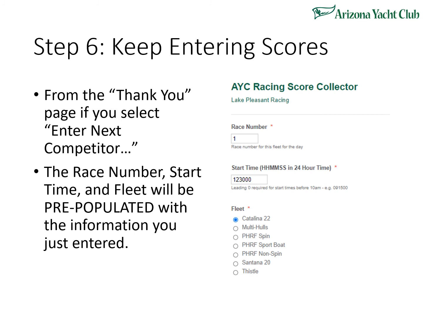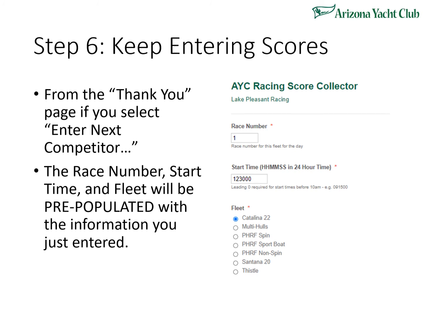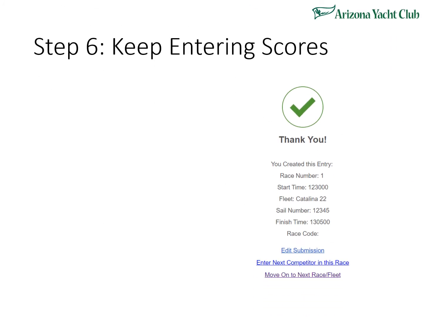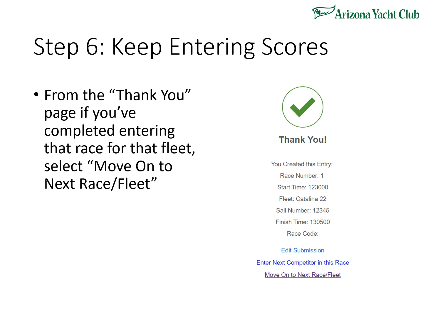Then all you have to enter is the sail number and the finish time, and any race code if required. If on the thank you page you've gotten to the last entry on that sheet, you can click move on to next race or fleet to get a brand new clean form where you'll enter everything over.